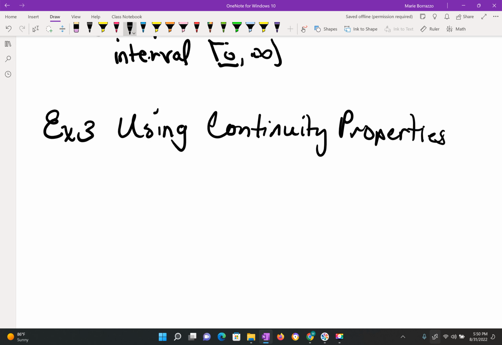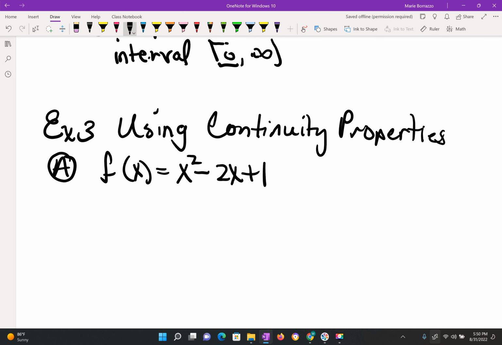So an example, let's look at example A. I'll do the example and the solution. In example A, they're giving me a polynomial function, which is f of x is equal to x squared minus 2x plus 1.